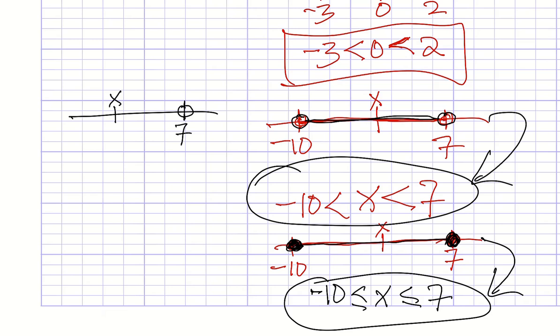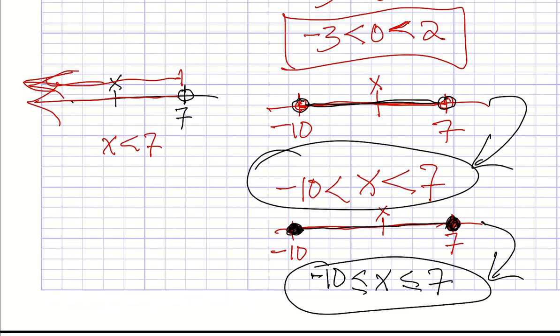That's a hole here, and then x goes like that. It's less than, it keeps going, right? X starts here and goes like that. In that case, you say x is less than 7. That's how you represent that.